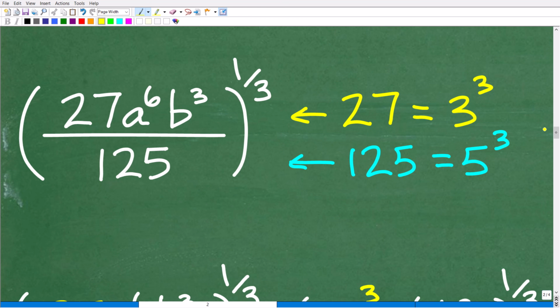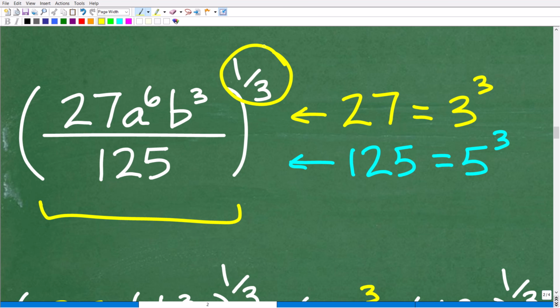Okay, so here's kind of where we're at. We went ahead and rewrote this problem using rational exponents. We cleaned up anything we could clean up in terms of a to the sixth power. We had a to the eighth, a squared. Now we're like, okay, what do we do now? Well, we have 27 and 125, so you want to look for opportunities to write any values you can as a power.